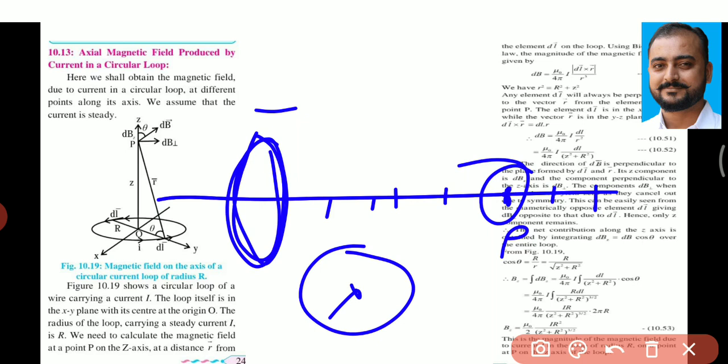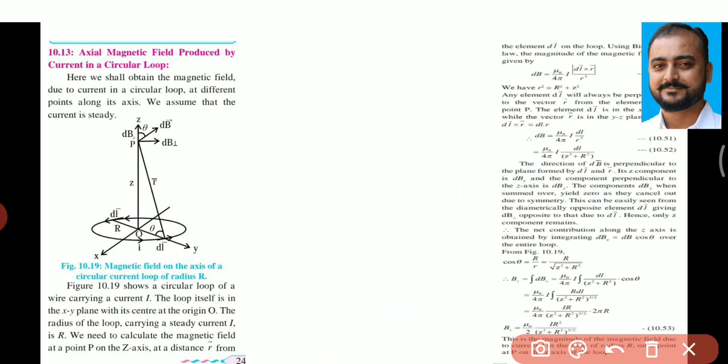It is not exactly in the plane; it is the point where the magnetic field is produced that should lie along the axis of a given circular loop. Okay, that is the basic difference between both topics. Now let us start with this topic.